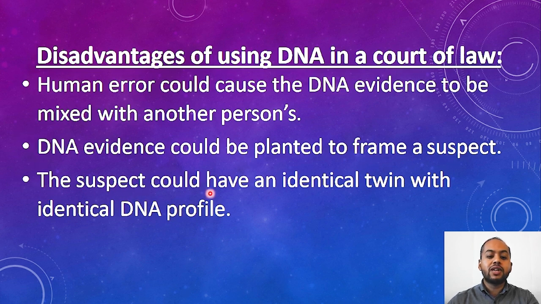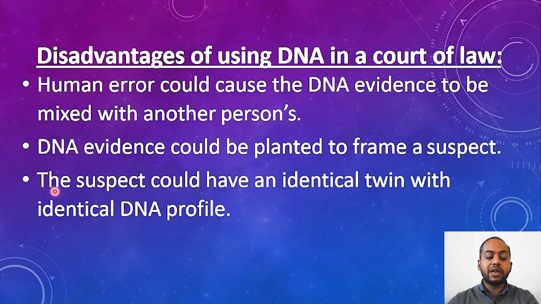Thirdly, the suspect could have an identical twin with an identical DNA profile. Now, what does this mean? Generally, nobody on this earth would have exactly the same DNA as you do. However, if you do have an identical twin, that is the only time that somebody could have the same DNA as you.